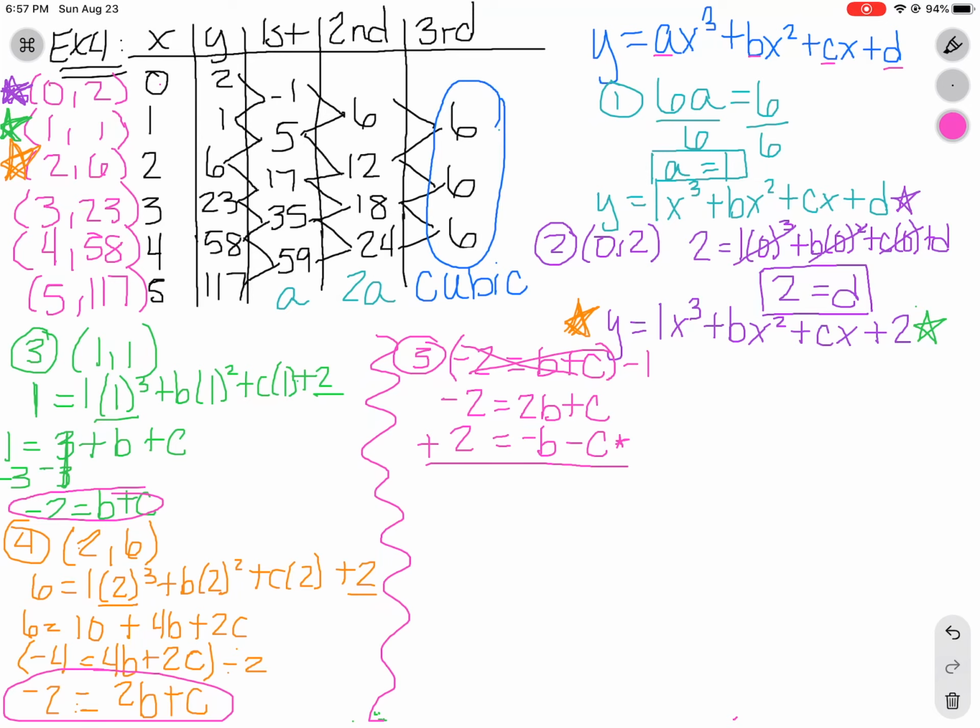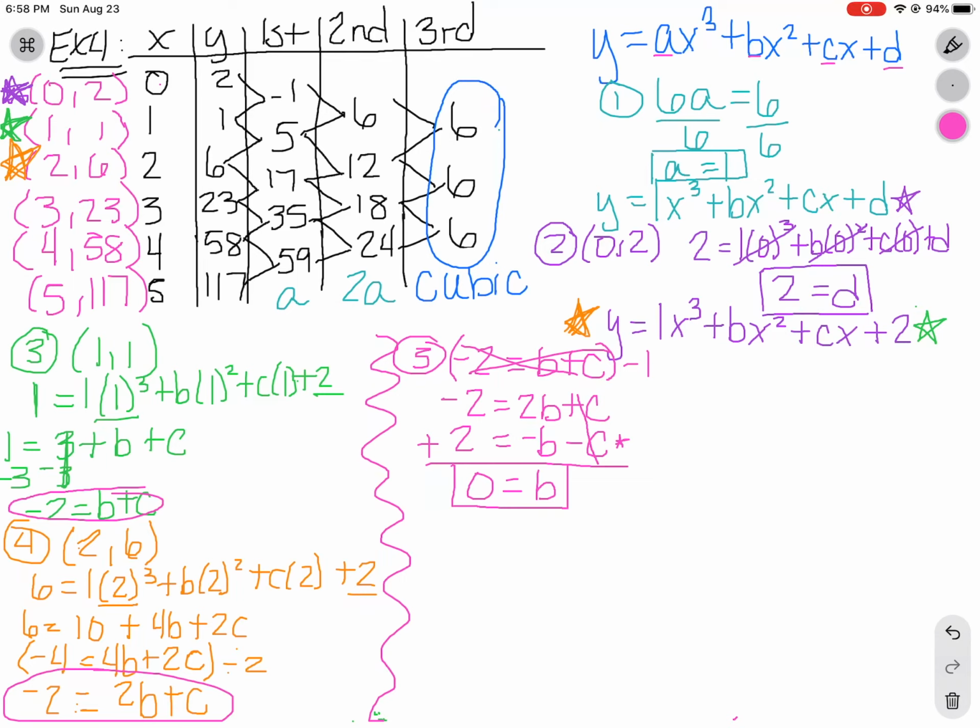Now I'm just going to add straight down. So negative 2 plus 2 is 0 equals, my equal sign just comes straight down. 2b minus b is just b. And then c minus c, that's what I want to happen. I want one of my variables to cancel out or sum to 0. So now I have that 0 is equal to b.